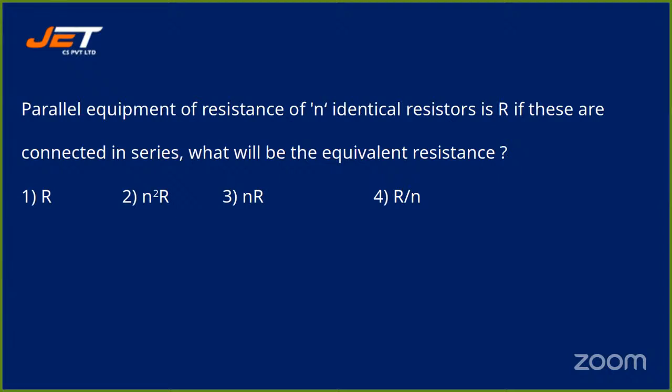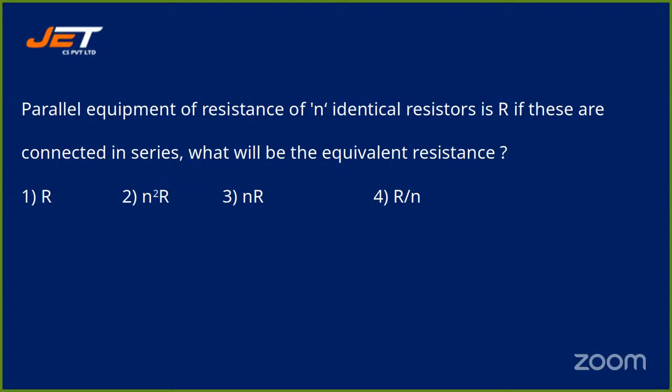Next, parallel equivalent resistance of n identical resistors is R. If these are connected in series, what will be the equivalent resistance? Very simple. I have just told you the formula in the beginning.